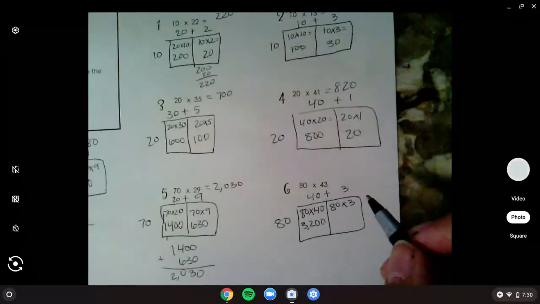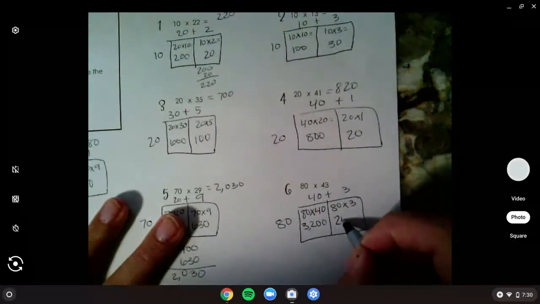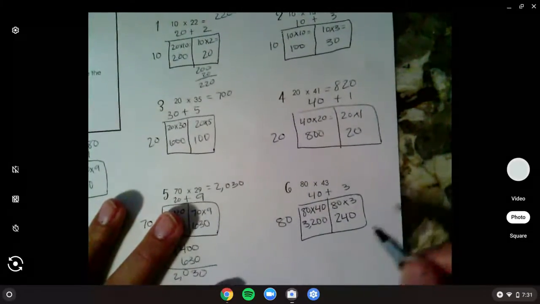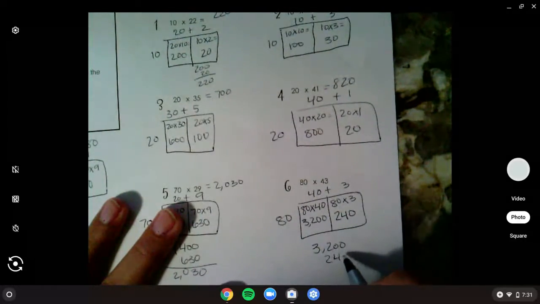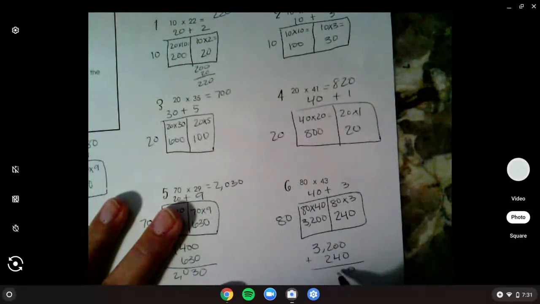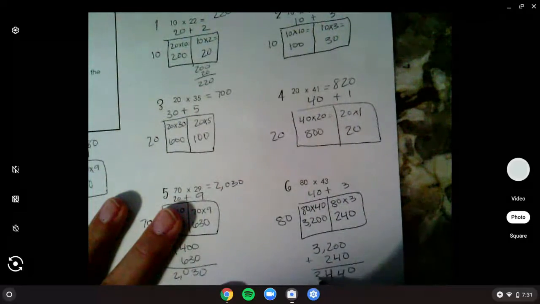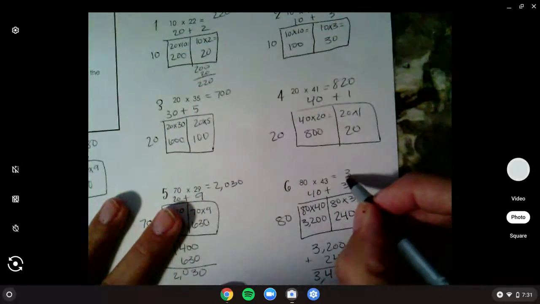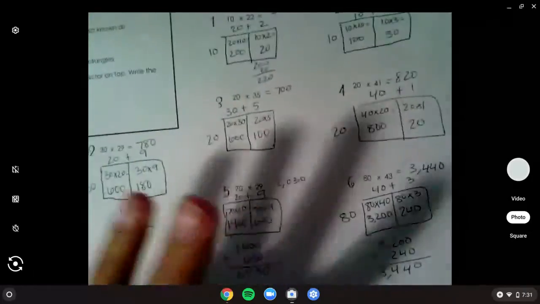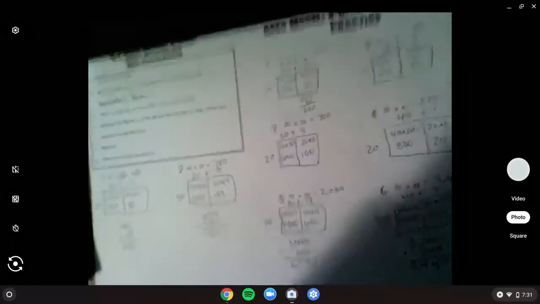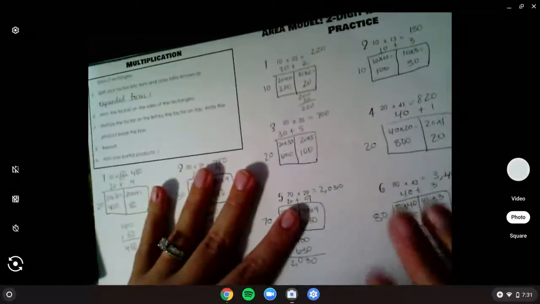And then 80 times 3 gets me 24, and add 1 zero for 240. So 3,200 plus 240, 0, 4, 4, and a 3 to get 3,440.